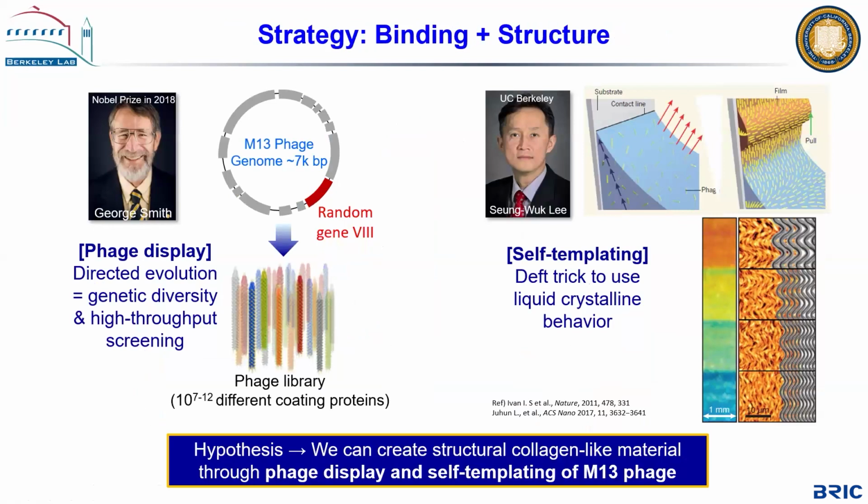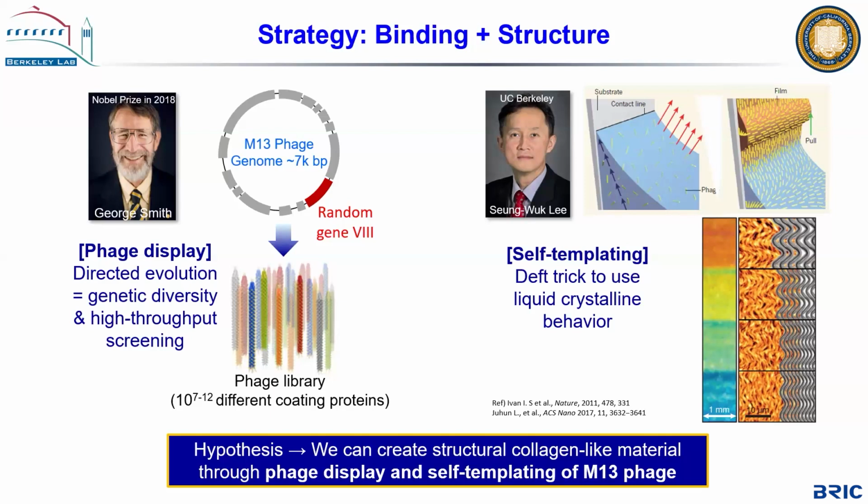Okay, so this is our strategy to make the collagen-like virus. We combined these two techniques: first, phage display, and second, self-templating, to create collagen-like tissue engineering materials. Phage display is a well-known technique, simply called directed evolution. It uses genetic diversity, and through high-throughput screening, we can select the best binding motif to the target materials.